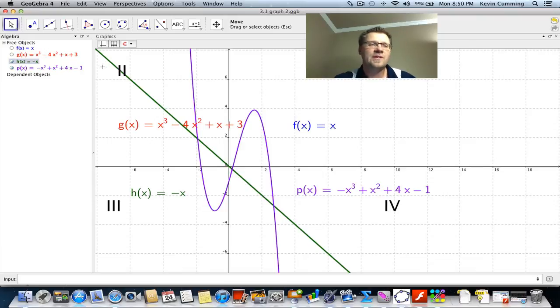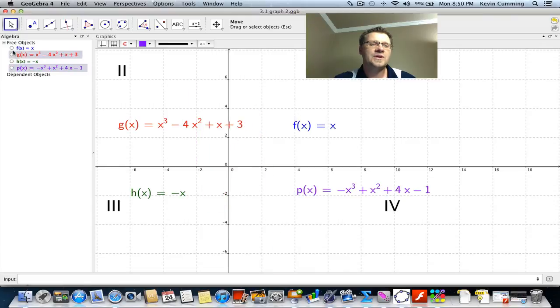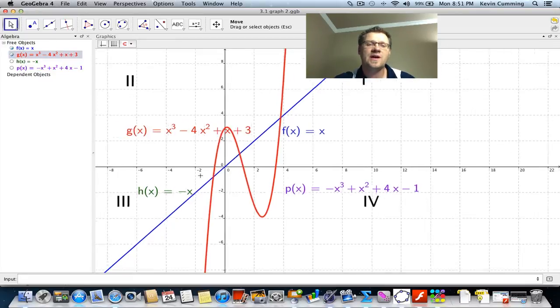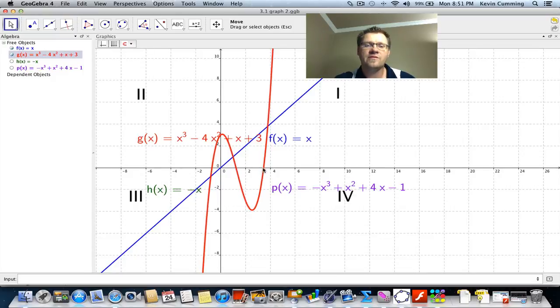Now, we talked a little bit about x-intercepts just a second ago. In a function like f of x equals x, we know that there should only be one x-intercept because the degree is 1. And in x cubed, we should be able to have up to 3 x-intercepts. And there's our 3 x-intercepts. So the degree not only tells you where it starts and finishes, but it also tells you how many x-intercepts there might be.